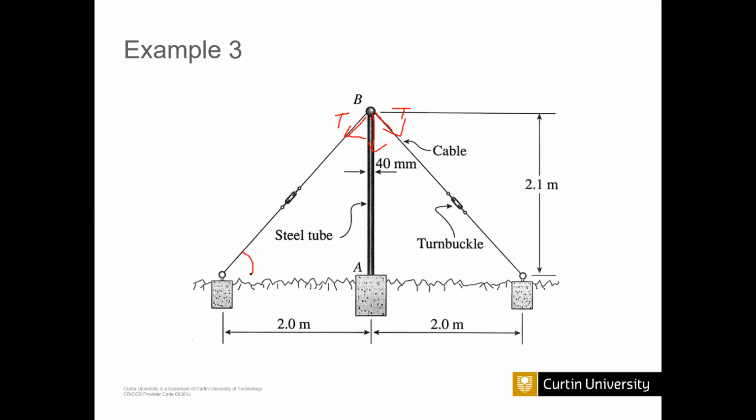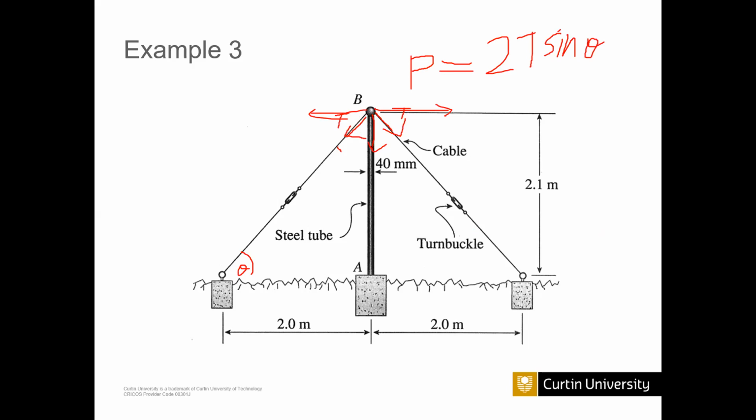If you put theta, then tan theta equals 2.1 divided by 2, then you know the angle. Then you can easily find this value T sine theta. That means the force carried is 2T sine theta. That is the load, P load. This is equal to P. This x component will be cancelled out.